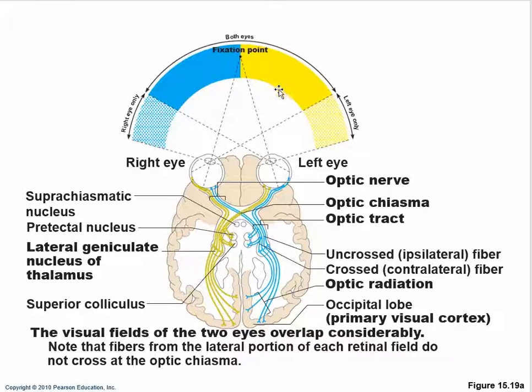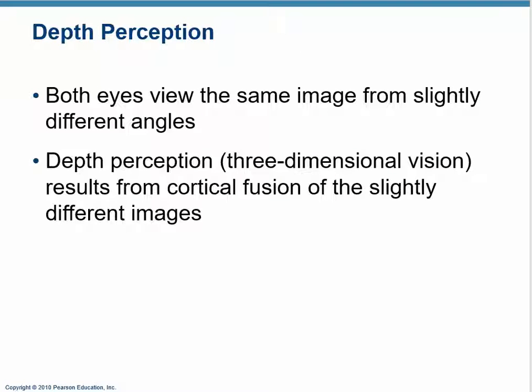But the point here is that both eyes are involved with full field of vision, but it separates out here so that this side, the left side, ends up with the right field of vision, and the right side ends up with the left field of vision. So both eyes are seeing things from slightly different angles, and so we end up with this variation.